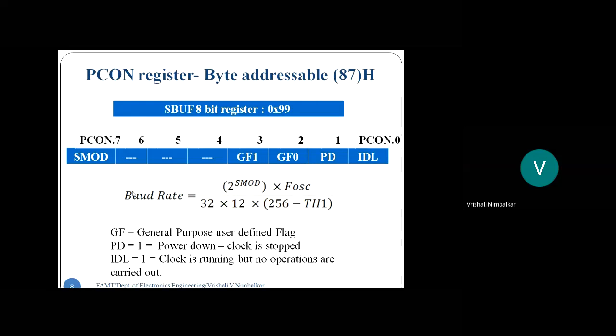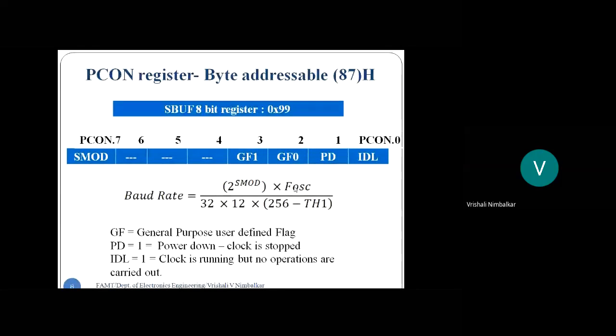So if the baud rate is known to me, 9600 baud rate, the SMOD bit is by default 0. So it is 2 raised to 0, oscillator 11.0592. In serial communication, we will be taking the exact frequency 11.0592. We will not round it up. If we round it up, the calculation will come in fractions and the baud rate changes.